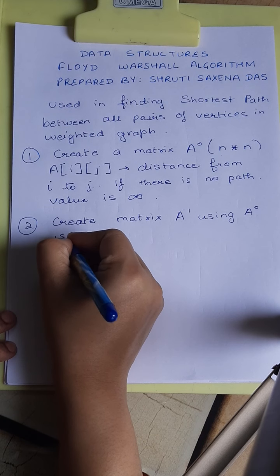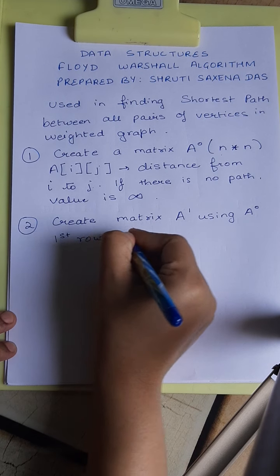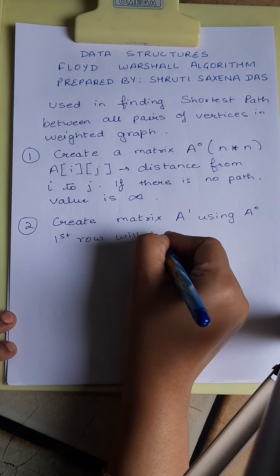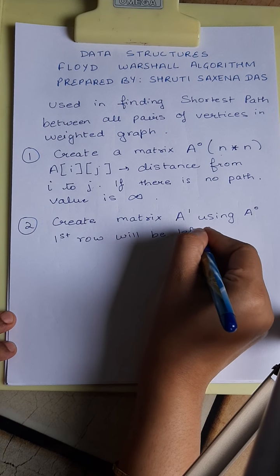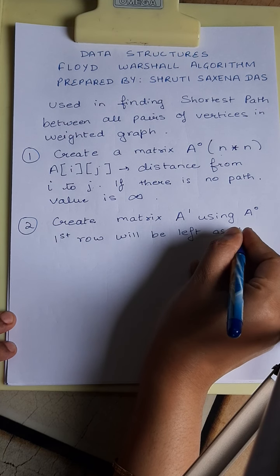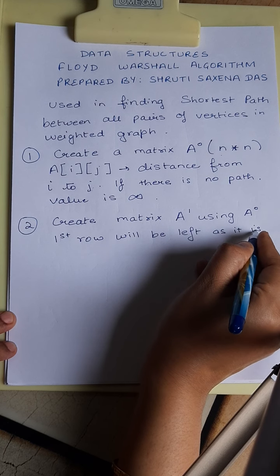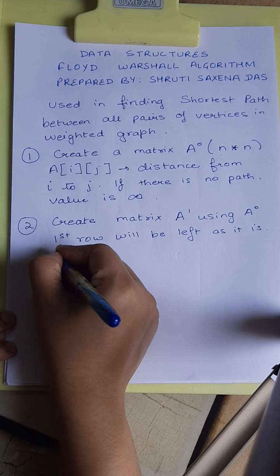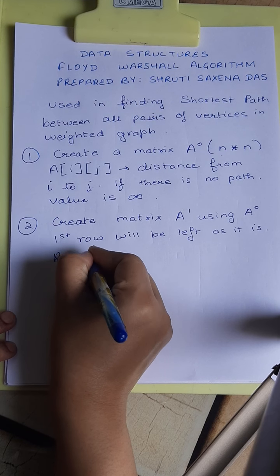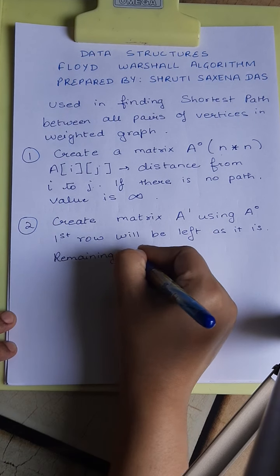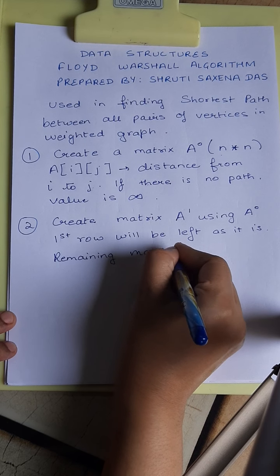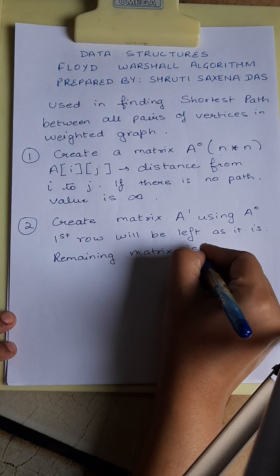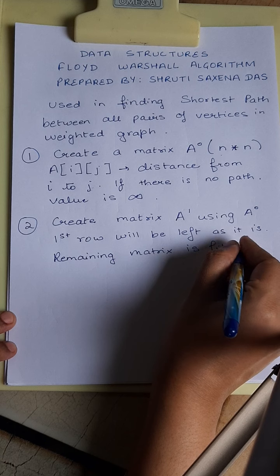So the first row will be left untouched. Remaining matrix cells will be filled like this.